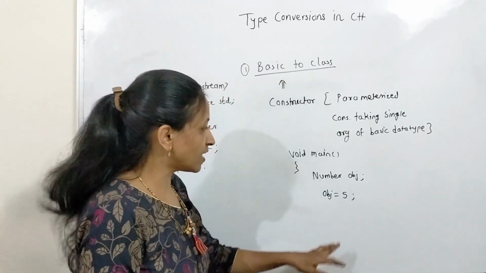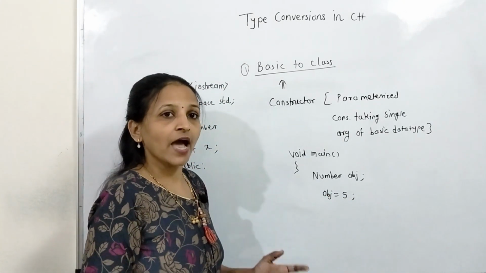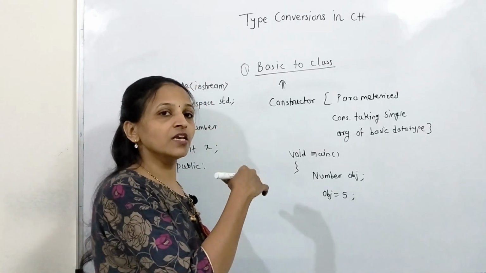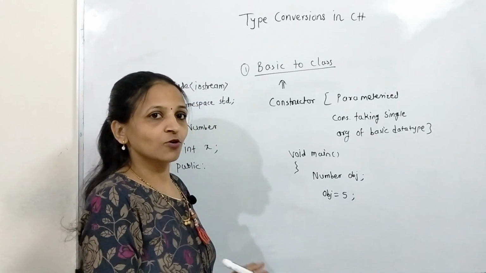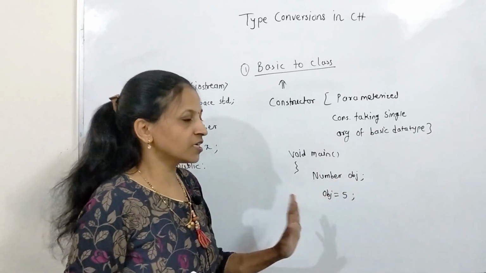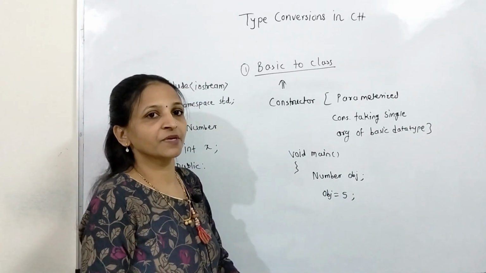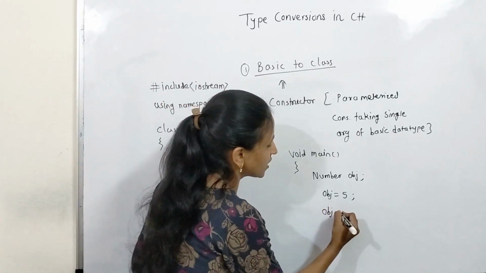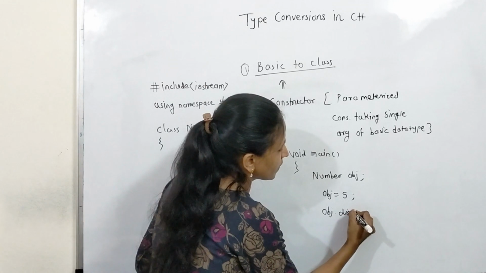I am going to assign the value 5 to this obj. Actually, I am going to assign this value 5 to the internal data member of that obj. That we can achieve, but I will write the statement like this, and I want this statement to get executed. Now I will just call the display function, like obj.display.